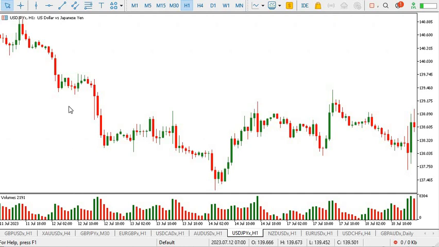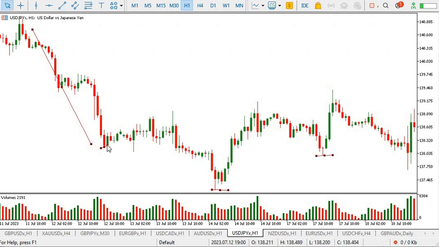This is the example of inverse head and shoulder. The trend was a clear downtrend. The market made first low here, then broke it, made another low, which is the head of the pattern, and again the market made a second shoulder.